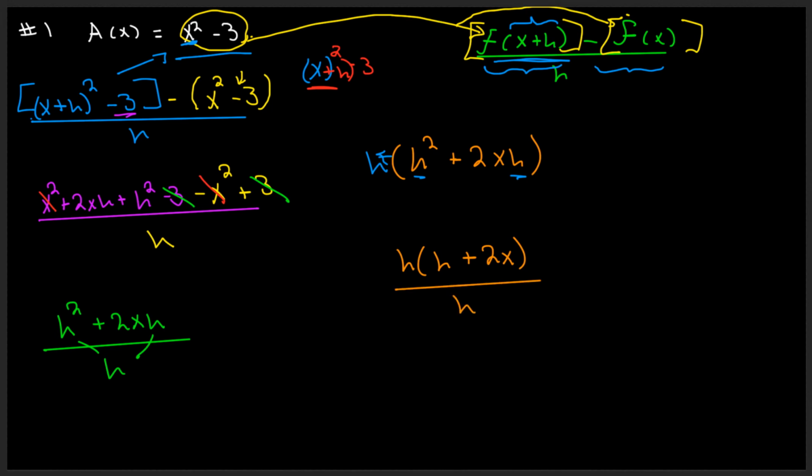Now you can easily cancel this h out and get rid of your denominator altogether, and what you are left with is, I'm just going to write this in a different order, 2x plus h. Now this is your difference quotient of your given function. Go ahead and box that as your answer.